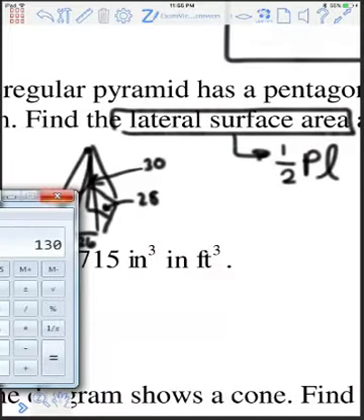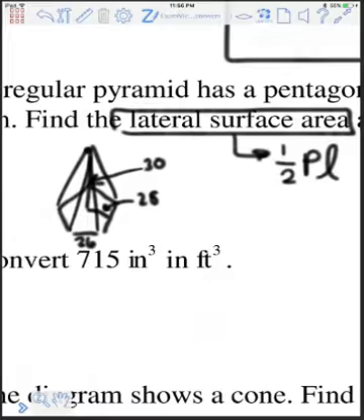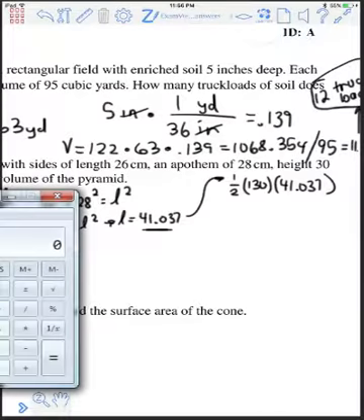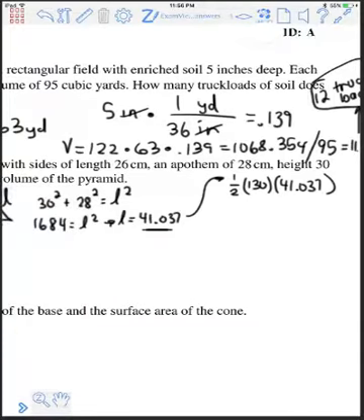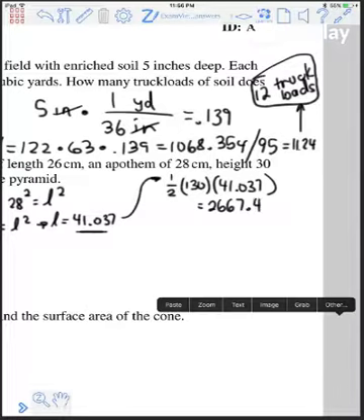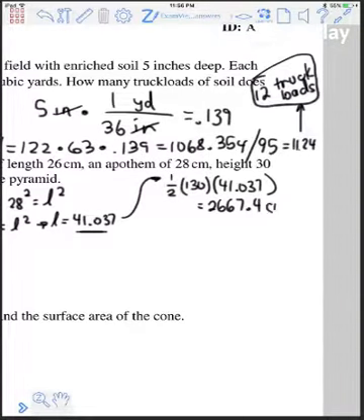We get 130 for the perimeter. And now half of 130 is 65. We multiply that by 41.037, and you get 2,667.4. And since it's a lateral surface area, it's centimeters squared.